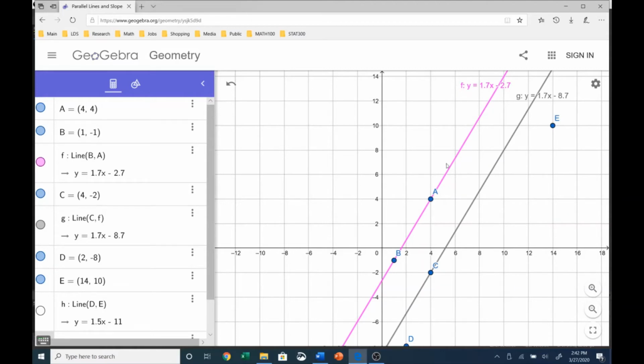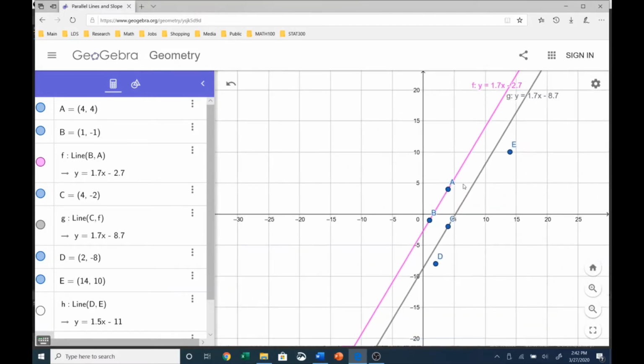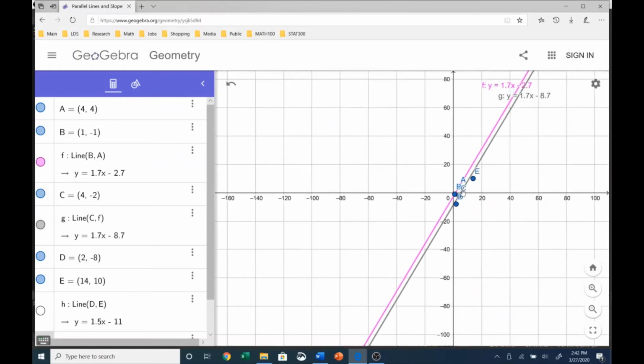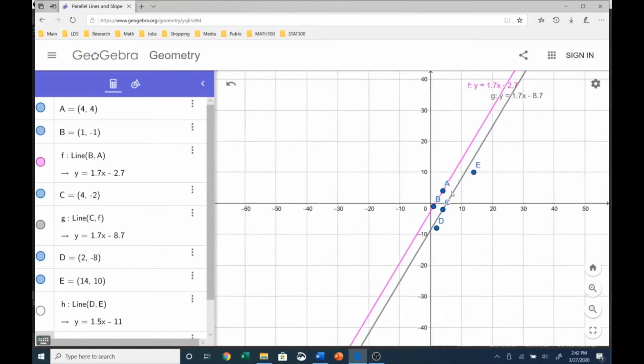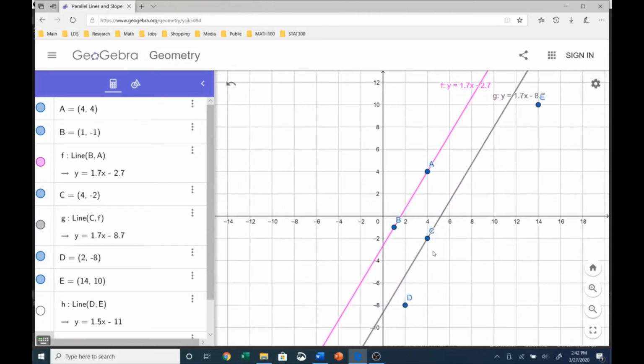Line F and line G have the same slope, 1.7. And we can also tell that they are parallel to each other. They never touch. No matter how far we zoom out, we'll always notice that these two lines will never intersect one another. While this line has a different slope, it therefore must at some point intersect with these other two lines.